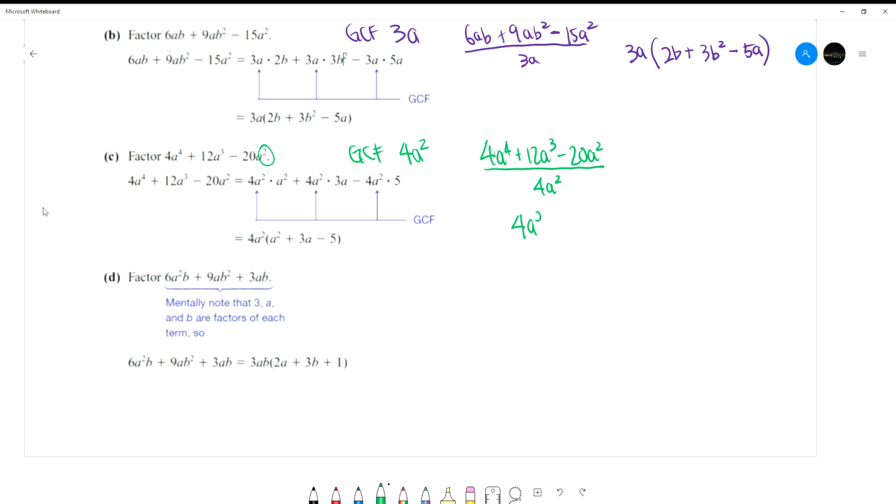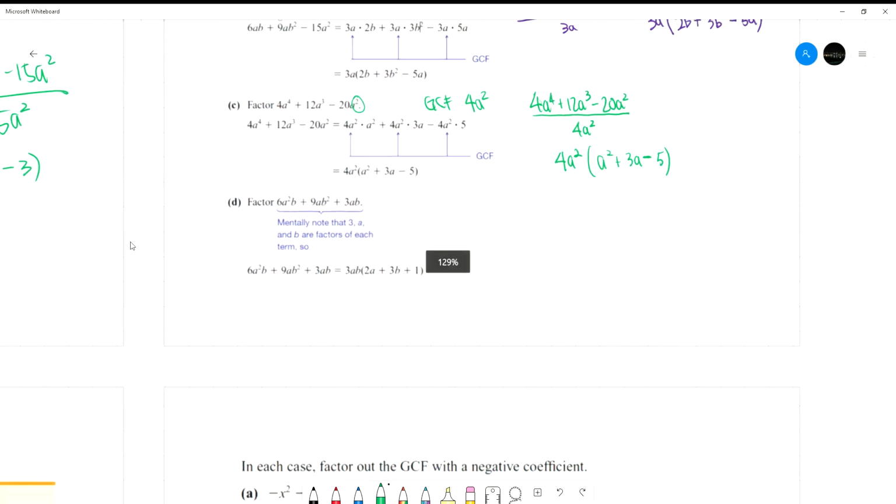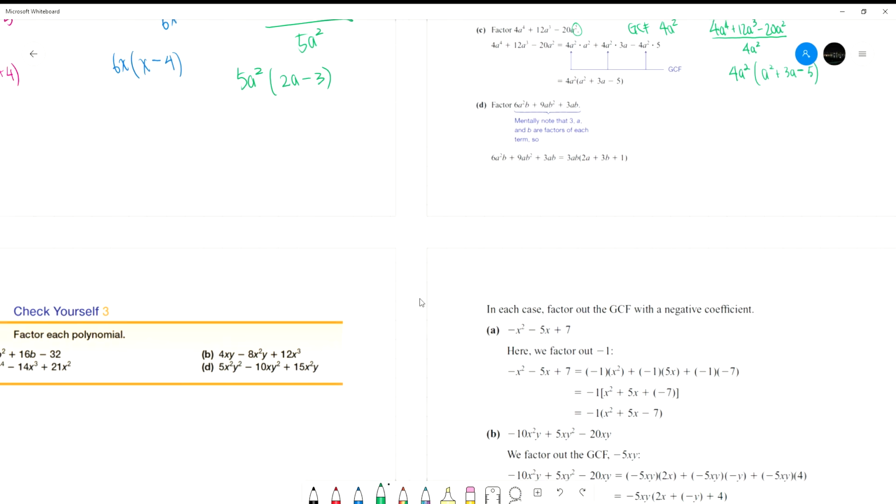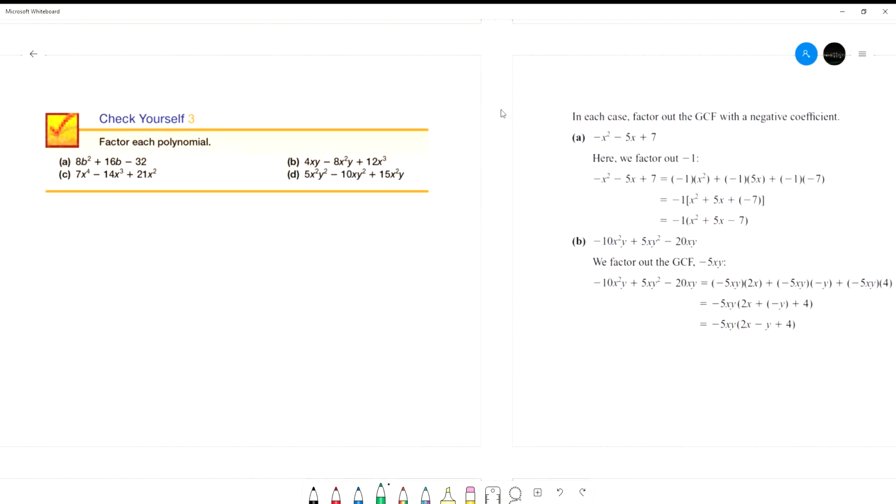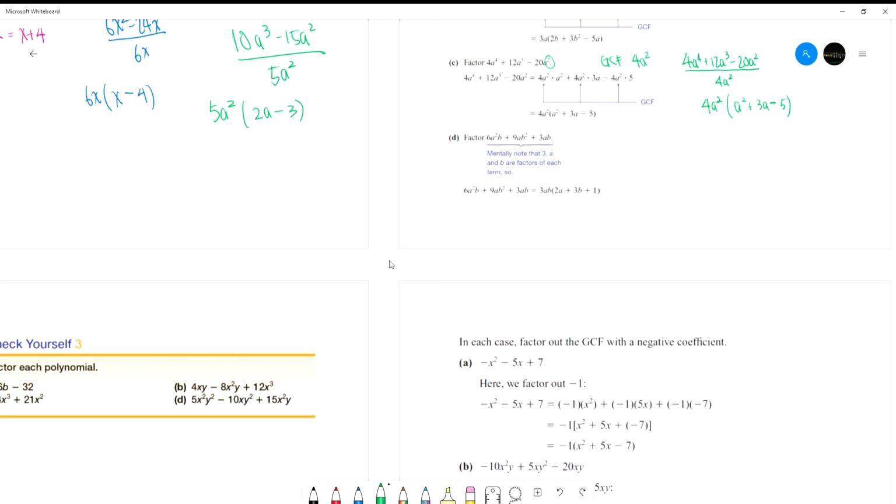All right. So we have 4a squared, parentheses. What's our first term? We have a squared, right? Plus, what's our second term? 3a, good. And our last term is minus, right? Minus 5. Okay. Any questions with factoring so far? If you think you got it, I want you to try.